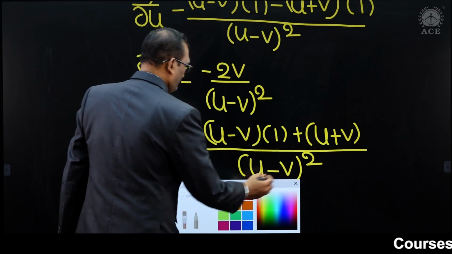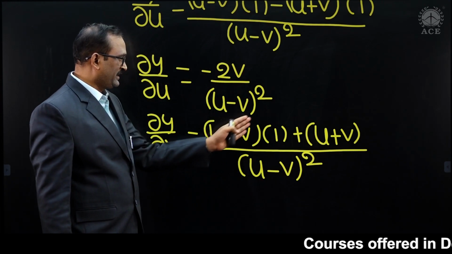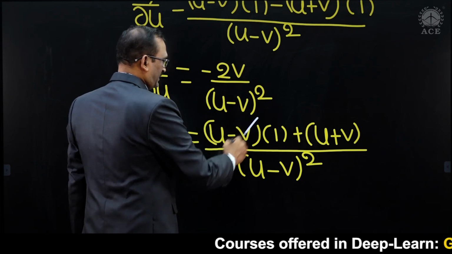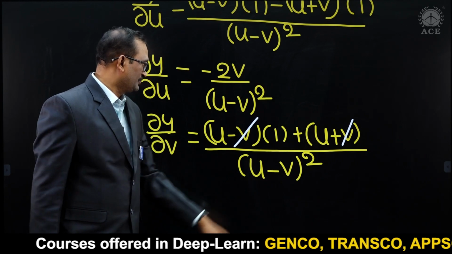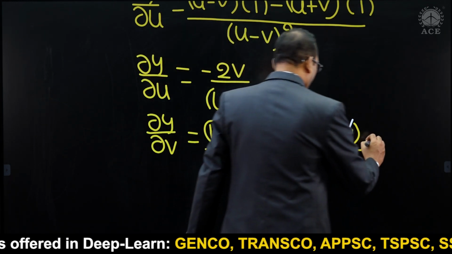Now you observe here, u minus v, u plus v: minus v plus v cancel, that is u plus u, that is 2u by (u−v) whole square.